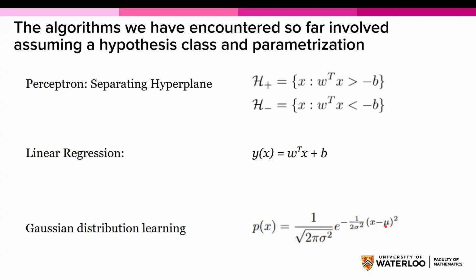And our task was to estimate the parameters that best describe that data. Each of these models defines a hypothesis class based on specific parameters, which we learned from the data. This assumption of a fixed form is what makes these approaches parametric.